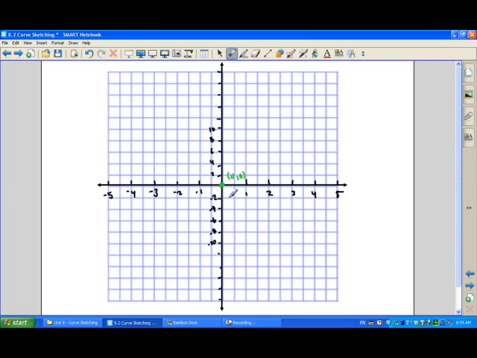I've also identified an x-intercept at 2 root 3. And it's hard to do this super accurately, but about there would be my x-intercept at 2 root 3 and 0. Also an x-intercept at negative 2 root 3 and 0.